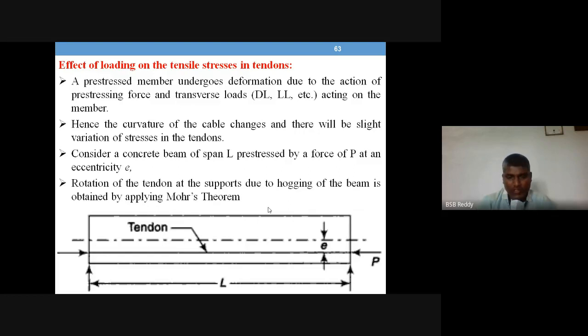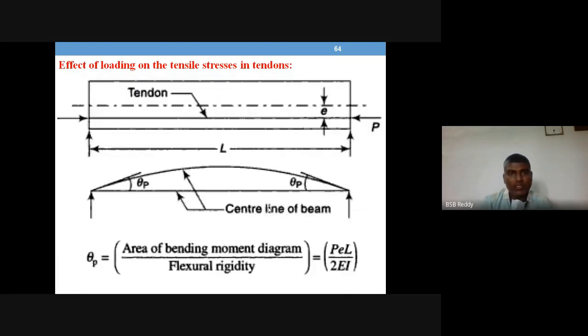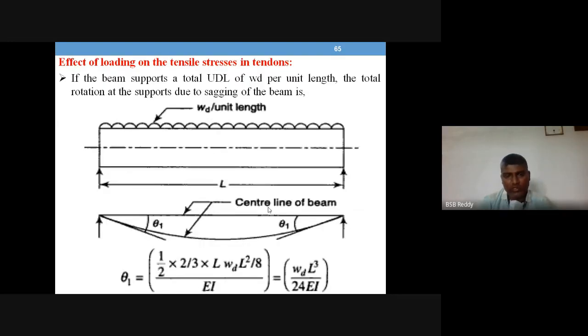Though you are getting a ready-made value readily available in digital form or maybe analog form, whatever it is, still due to the pre-stress induced into the concrete, there will be hogging bending to the member that will create additional strain in steel, and also the loads will create some additional strain, sagging, in the steel.